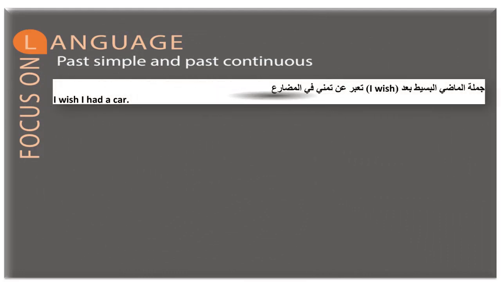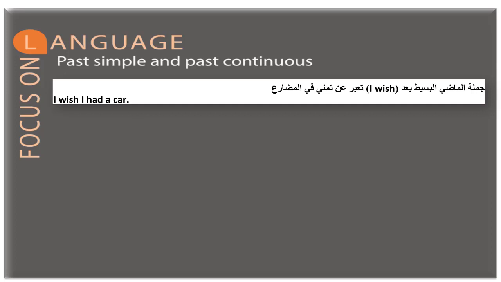ودلوقتي بنشوف مع بعض برضو بنواصل استخدامات أو ملاحظات على ال past simple. Here we have I wish, عبارة I wish أتمنى. لو بتمنى شيء to happen now, to happen at the present, we use the past after I wish. يعني بعد بتمنى حاجة بتحصل دلوقتي بستخدم بعد I wish ال past simple.